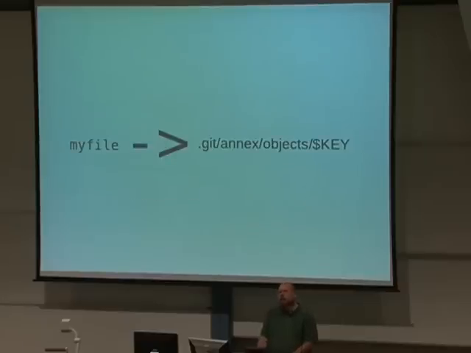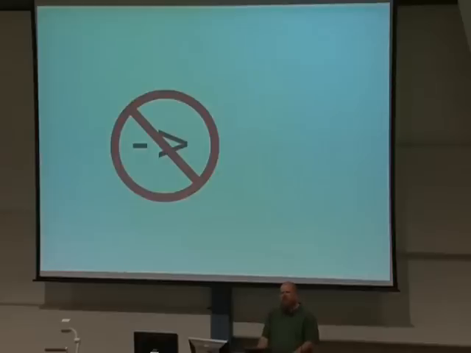Another thing that I've been working on lately is, like I said, it uses symlinks. But this does suck. So I've been working recently on giving the user, at least the user of the git-annex assistant, an interface where they just have regular files and not symlinks.